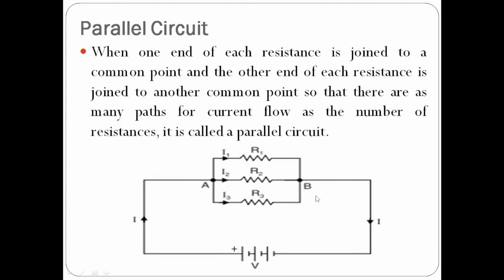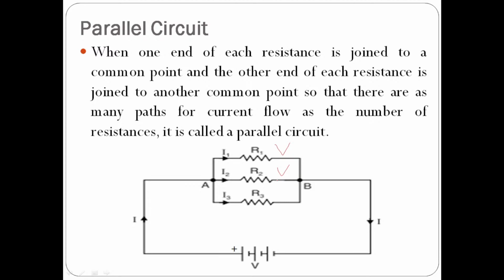Now here, what is the current I1? So instead of showing you these other slides, I will write here itself so that it will be easier to understand. What is voltage across R1? Voltage across R1 is V. Voltage across R2 is V. Voltage across R3 is V. This is the source voltage. So what is the I1 value?